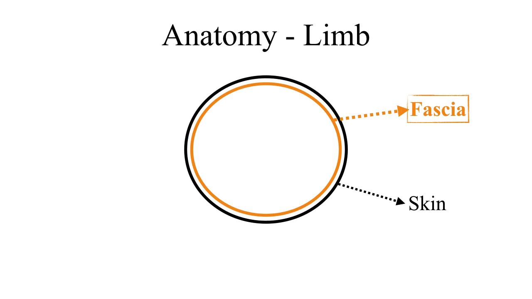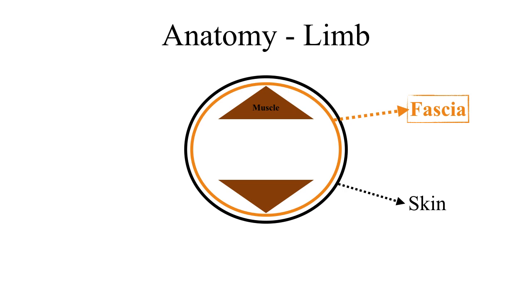Although the skin can stretch and accommodate bleeding underneath, the fascia will not stretch, and so the pressure inside the fascia builds up as the fascia cannot stretch. This is the basic concept which you have to understand.